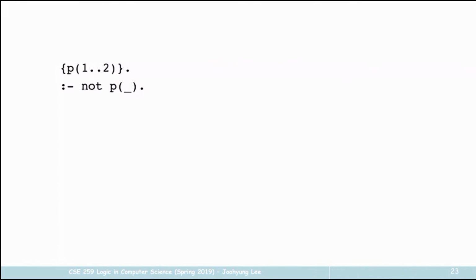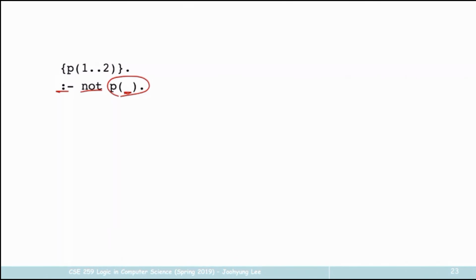Here, the rule is saying that you have to choose subsets of P1 and P2. But the next rule is saying that you should keep everything, so it's not the case that you are omitting any of the P values.